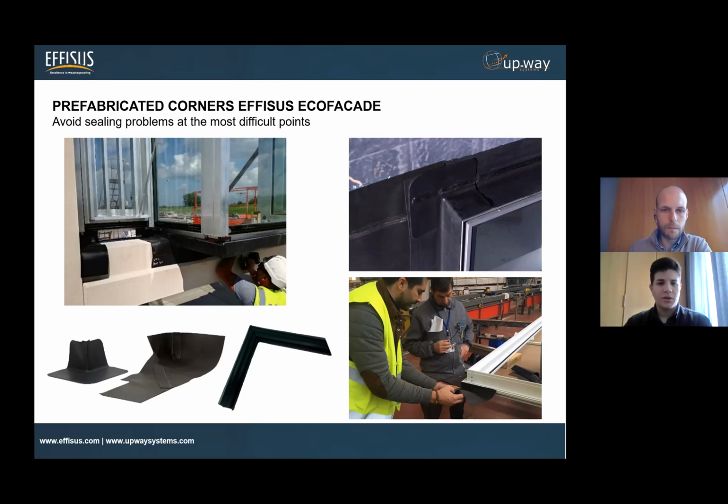What is important to see here is that sometimes we don't have the proper space, the proper conditions to do this type of job at site. And we all know the teams are constantly changing, so you don't actually have a proper method statement on how to seal these corners.